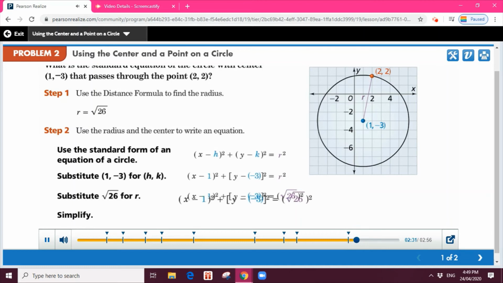Now simplify. So the equation of this circle is the quantity x minus 1 squared plus the quantity y plus 3 squared equals 26.